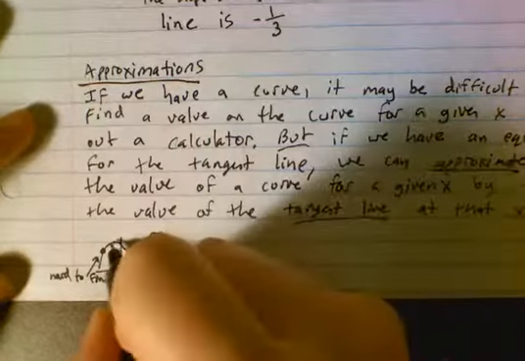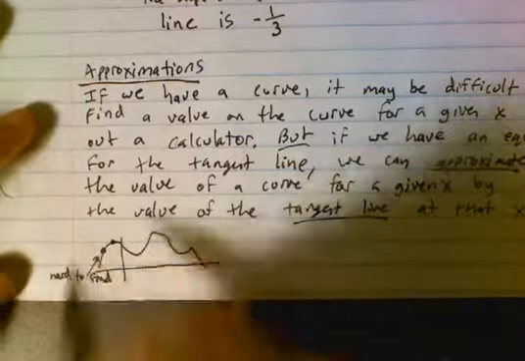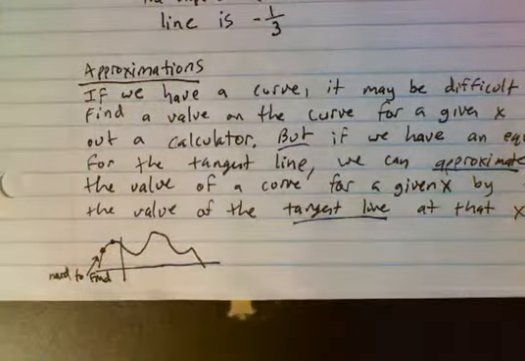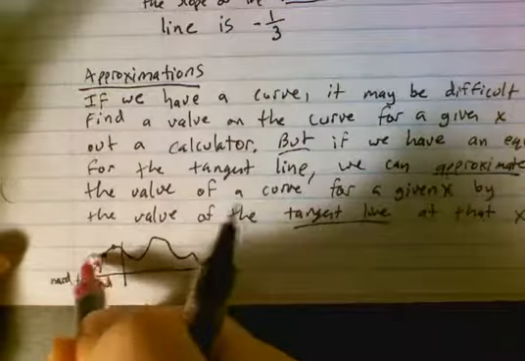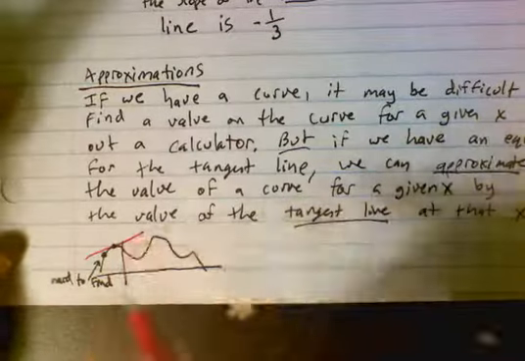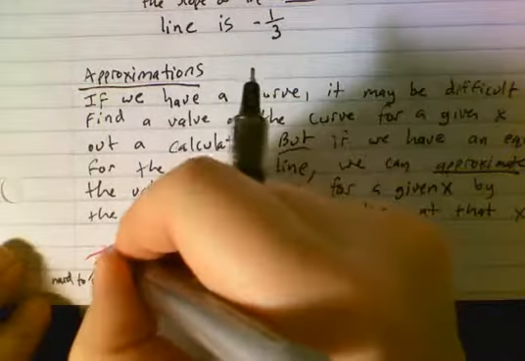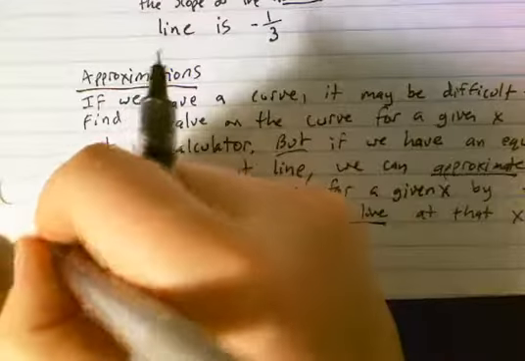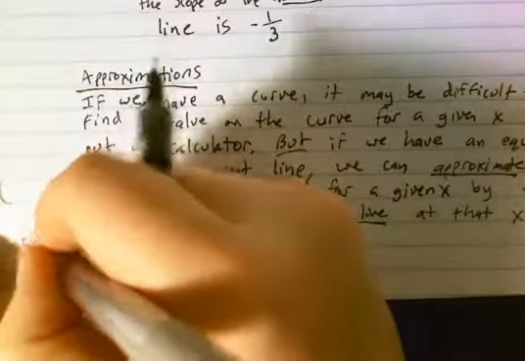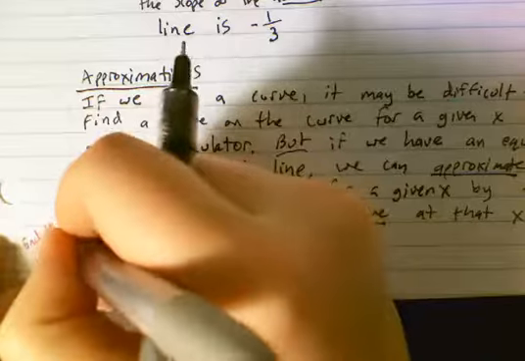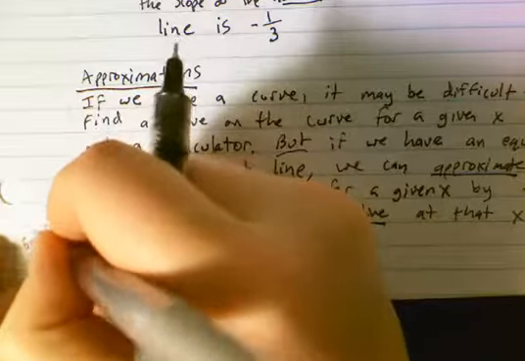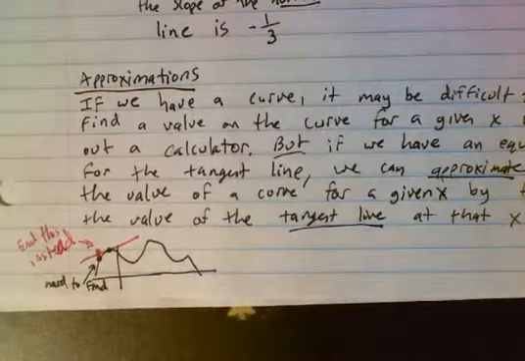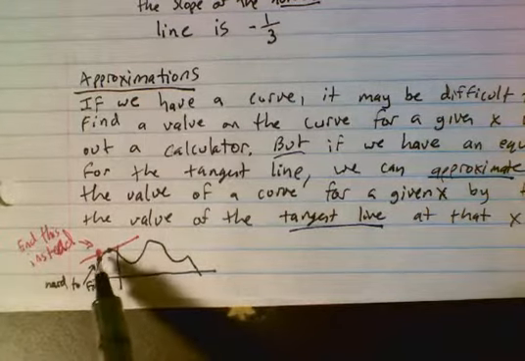But if I have a tangent line that's drawn at a nearby point, I'll do the tangent line in pink, then what I can do is I can find this point instead. And really what's going on is that even though this might not be exactly the point that I'm looking for, it's probably pretty darn close.